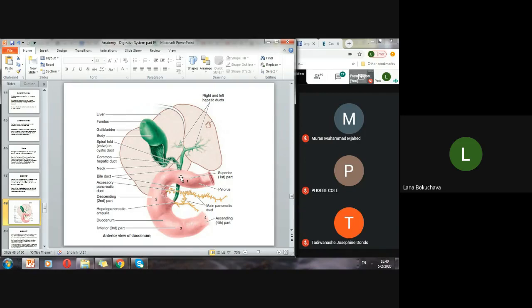An important thing to remember is that bile production, I'm not talking about secretion, I'm talking about production, is very much continuous, because the liver is constantly performing its function, and as a result we have continuous formation and production of bile.